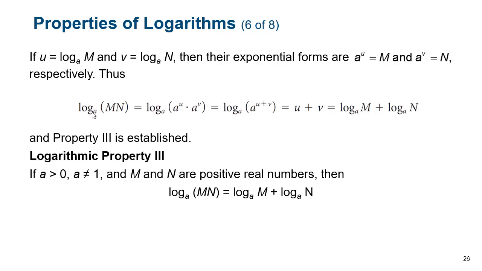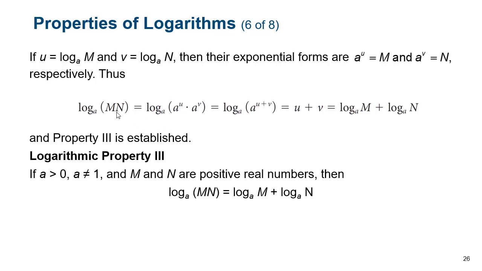So if we do log base a of m times n, by substitution we're getting a to the u times a to the v. The rules of exponents mean that we can add those and we just get a to the u plus v. And then we know that when the bases match, it just goes away, because we're saying a to what power equals a to the u plus v. And you go, duh, it's got to be u plus v.